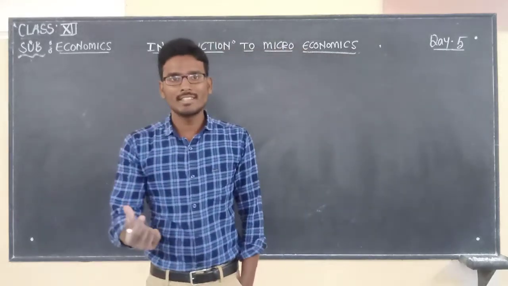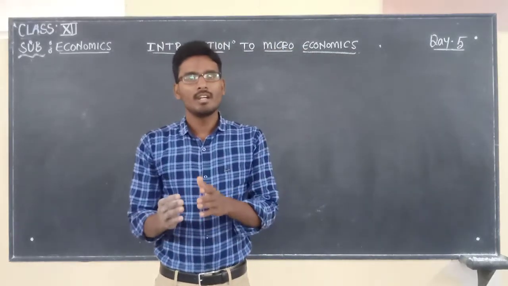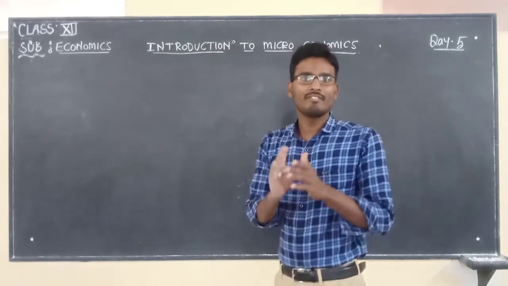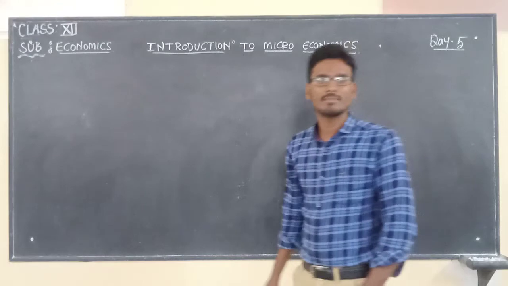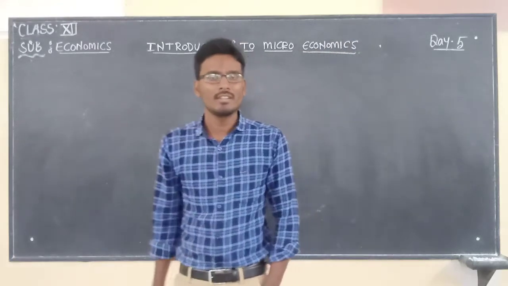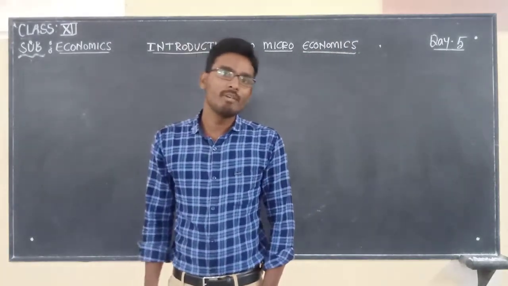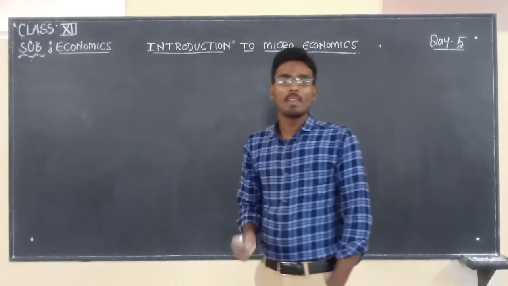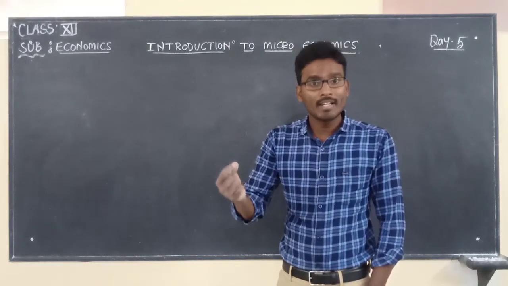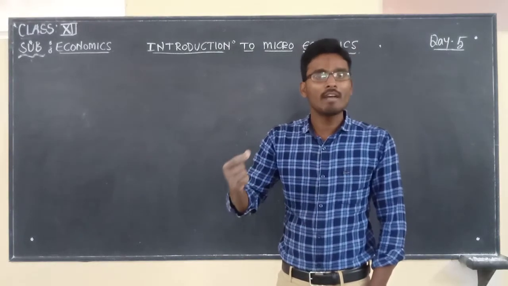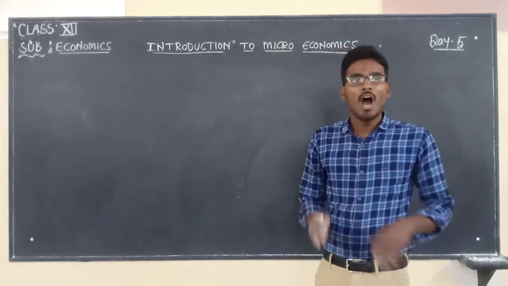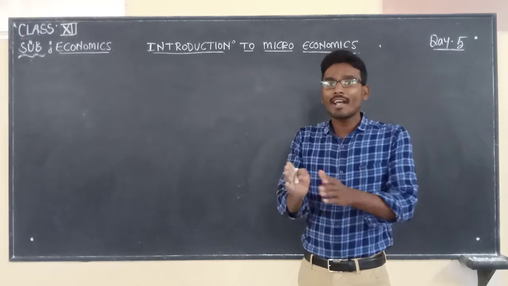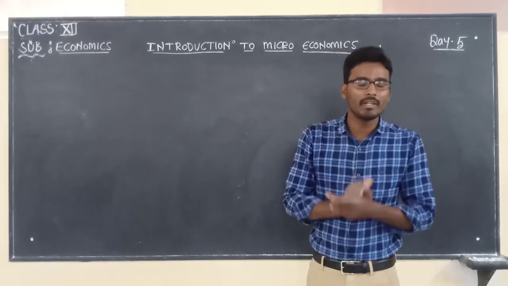Students, in this session, we will discuss a few more topics in the first chapter, that is Introduction to Microeconomics. In the previous session, we discussed whether microeconomics is positive or normative. And also we discussed how the economic activities are organized in one economy.